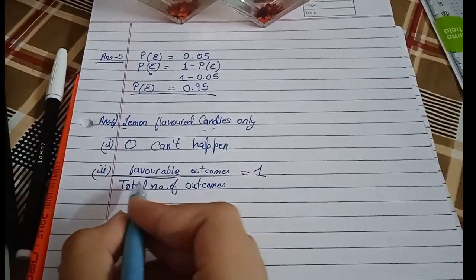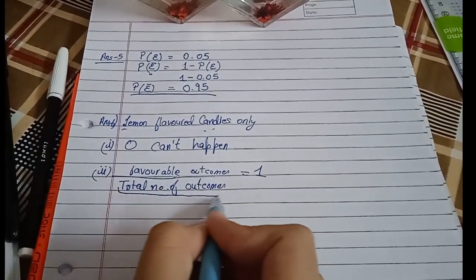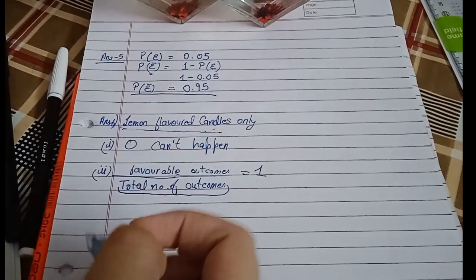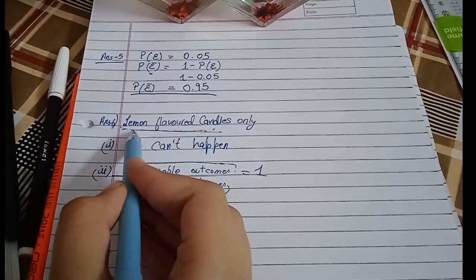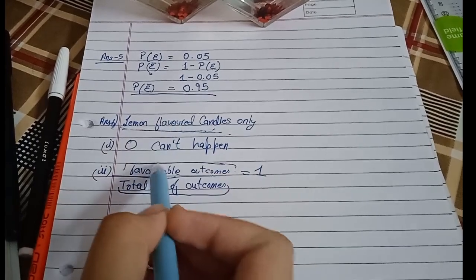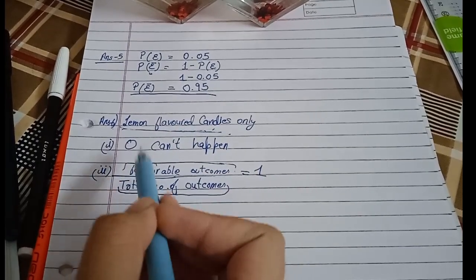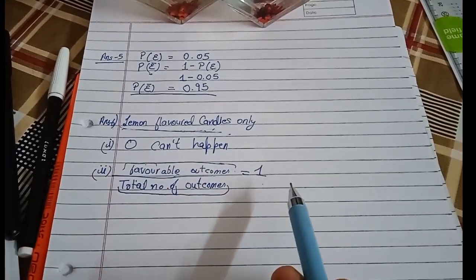How? So total number of outcomes is the number of flavored candies. Favorable outcomes is the number of lemon flavored candies. So these both are equal, and when they are divided, we get 1 as the answer.